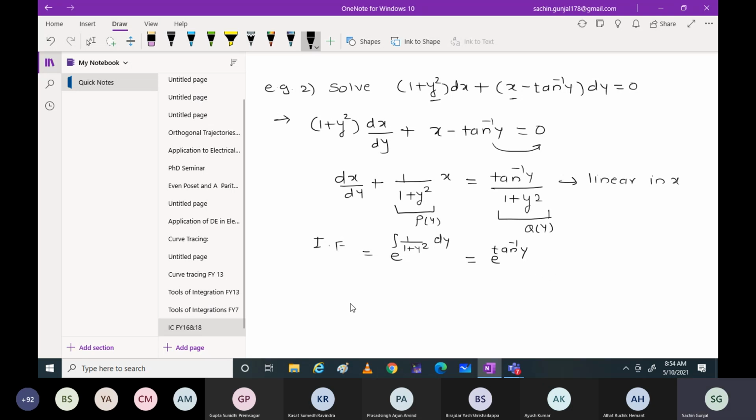So therefore, the solution is: dependent variable. What is the dependent variable? X. X into e raised to tan inverse y, the integrating factor, is equal to integral q of y into integrating factor dy plus c.